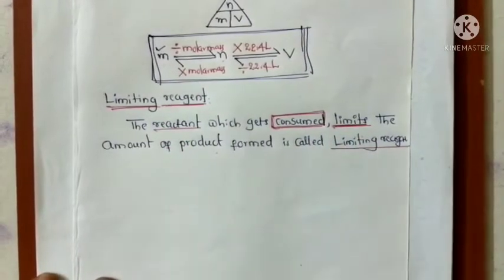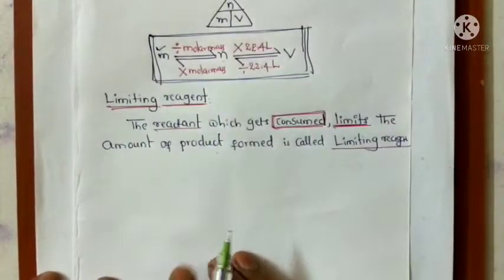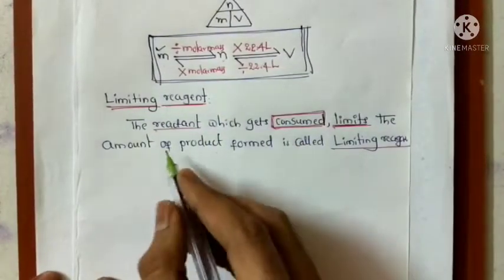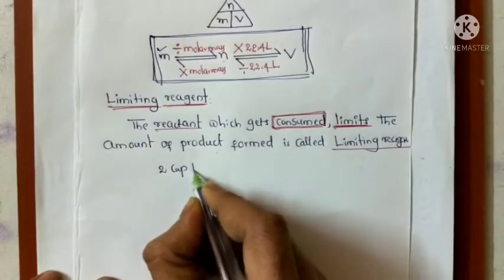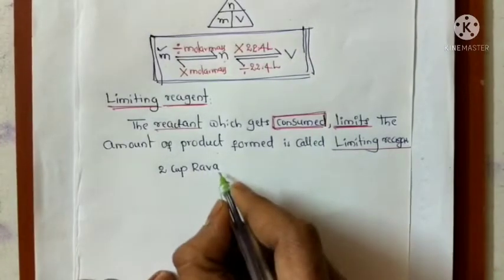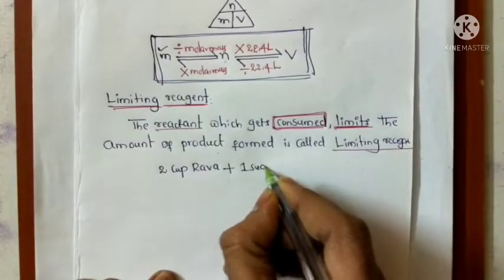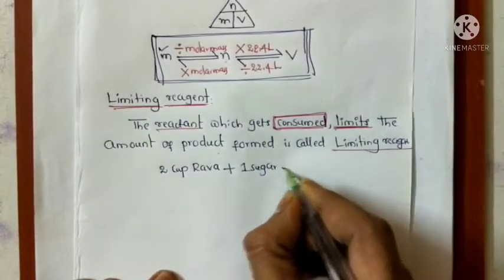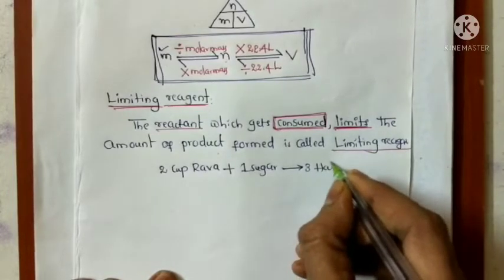For example, the best example we take before: 2 cups of rava is required plus 1 cup of sugar, we will make 3 cups of halwa.